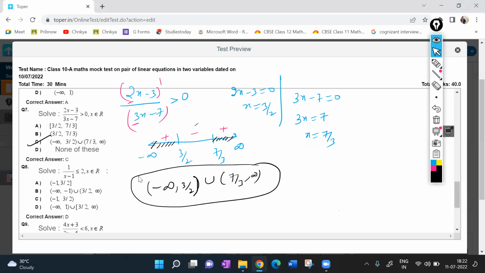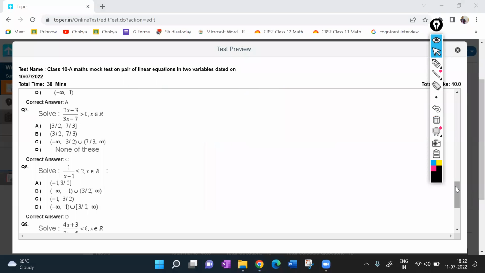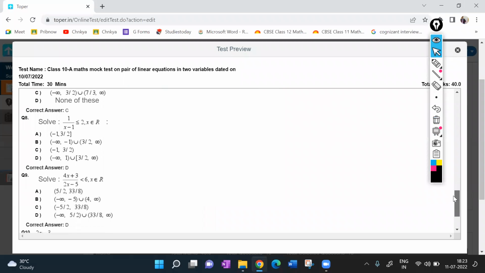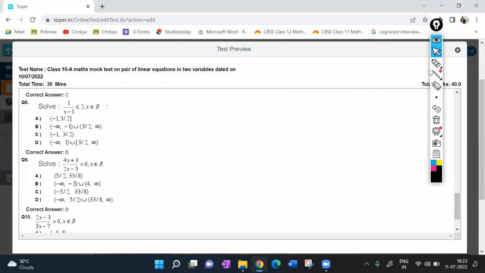Option C is correct only. I just put a tick on that. Any doubts? It is correct only, beta. Nothing wrong with that. Next, seventh question. We will solve more questions of this type today. Don't worry. Next. Sir, check the 10th question, sir. It is also similar: 2x minus 3 by 3x minus 7.